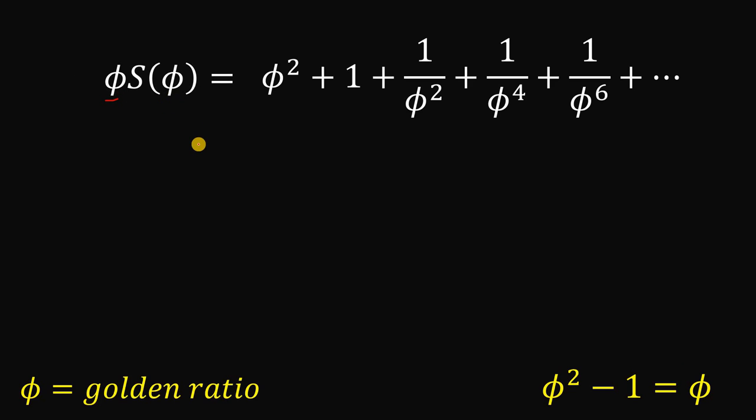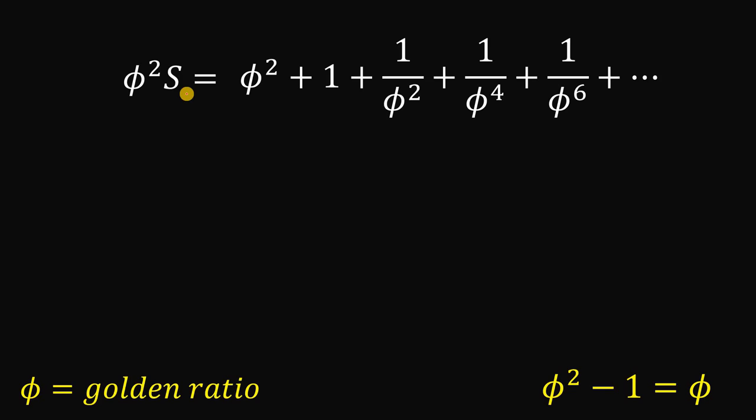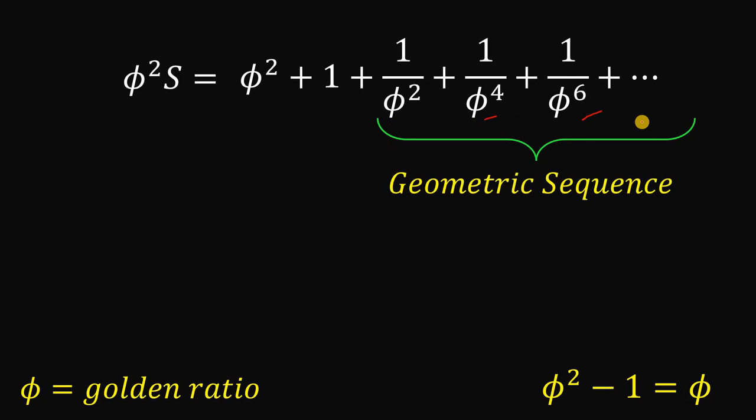Now, phi multiplied by phi is simply equal to phi squared. So we have phi squared times s. Alright, now on the right-hand side, take note of this series. We have 1 over phi squared plus 1 over phi raised to the fourth power plus 1 over phi raised to 6. This series is simply a geometric sequence.